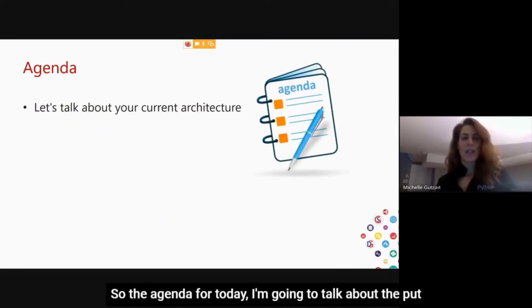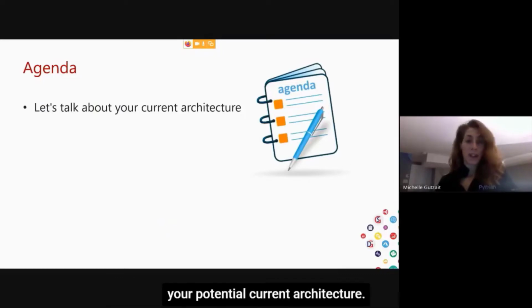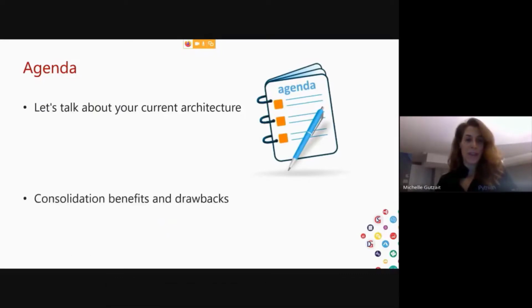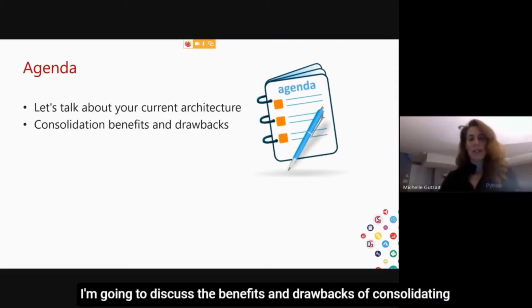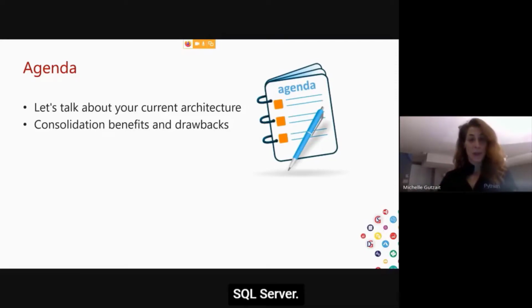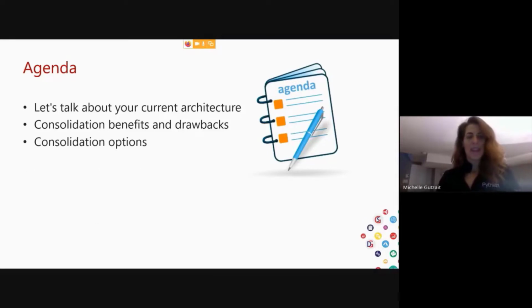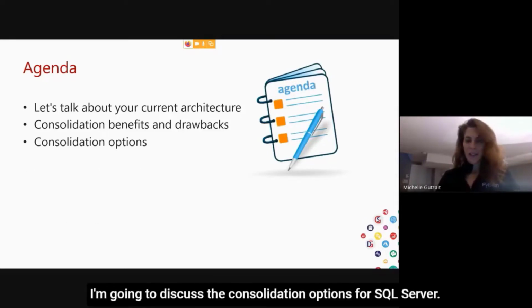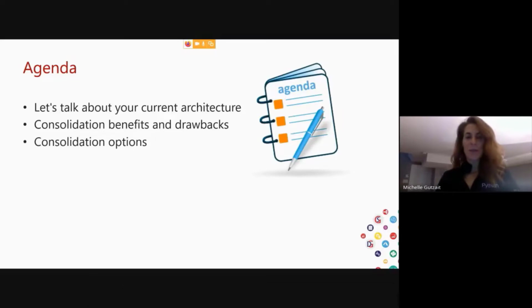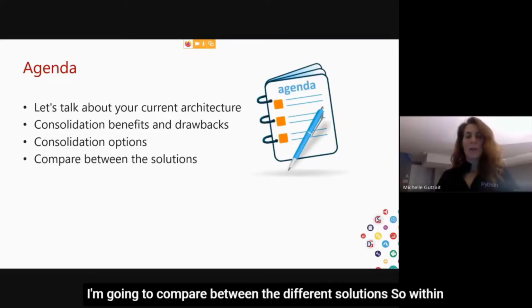So the agenda for today: I'm going to talk about your potential current architecture. I'm going to discuss the benefits and drawbacks of consolidating SQL Server. I'm going to discuss the consolidation options for SQL Server and compare the different solutions.